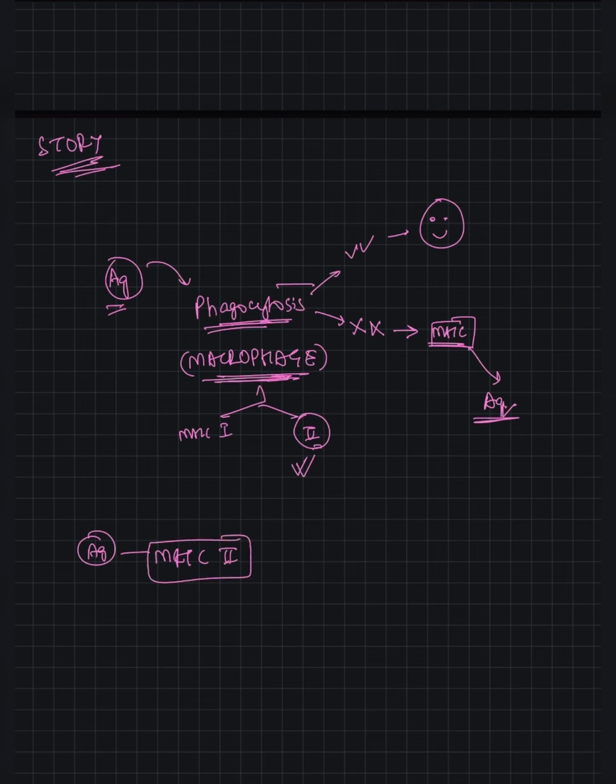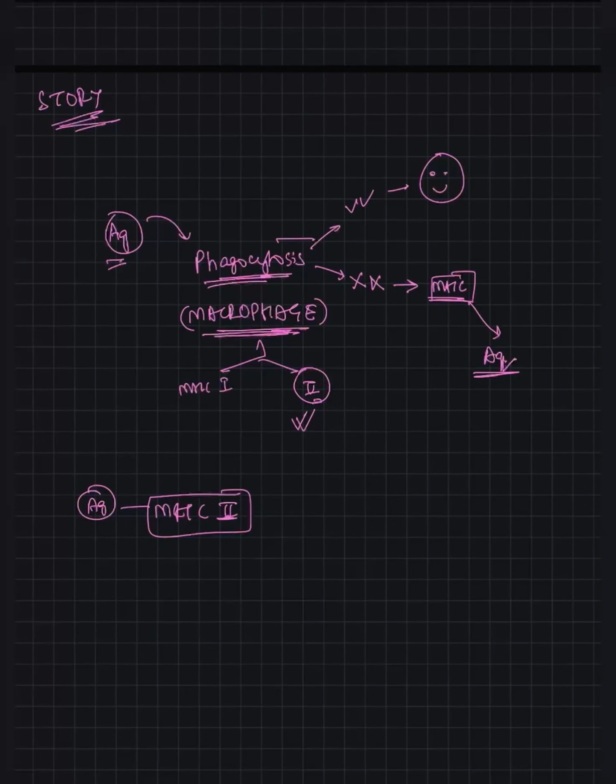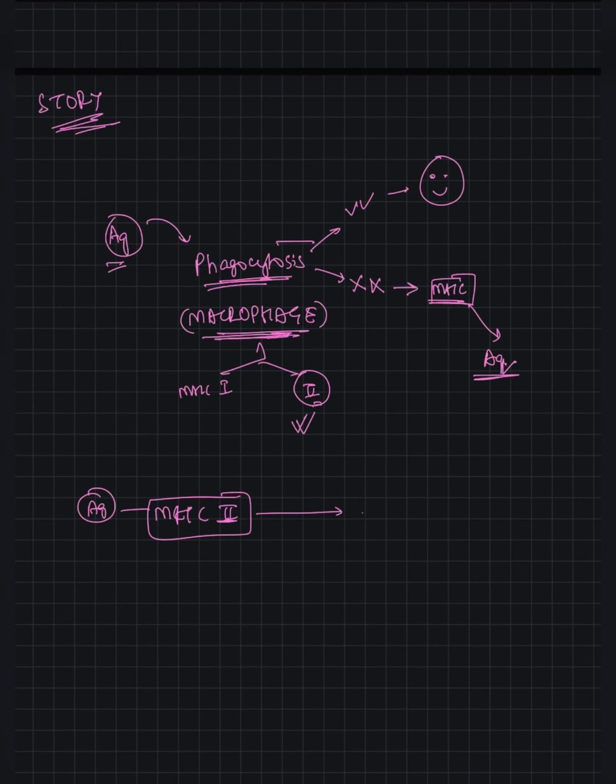What did I say about the number 8? We are talking about MHC2, so 2 into dash gives us 8, it is 4, which means CD4. So the antigen will bind to the antigen binding site of the MHC2 molecule, and it will go to CD4.